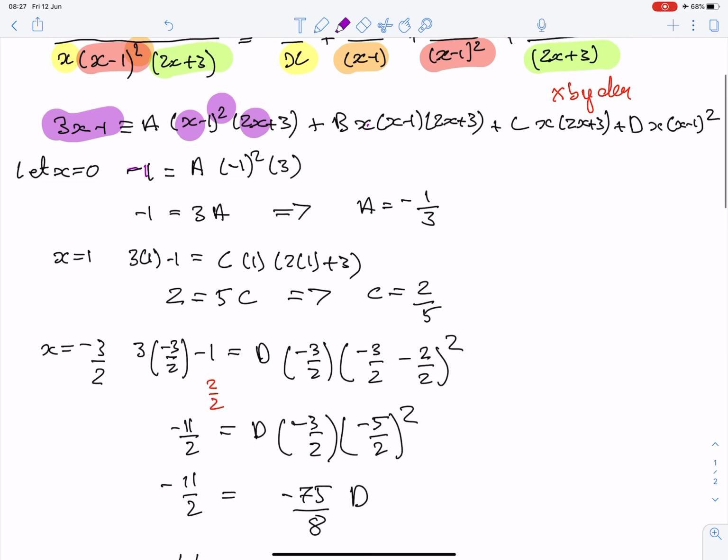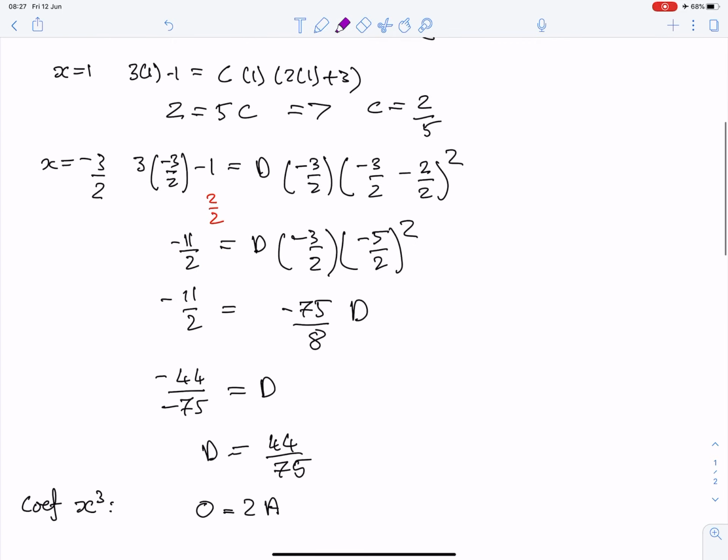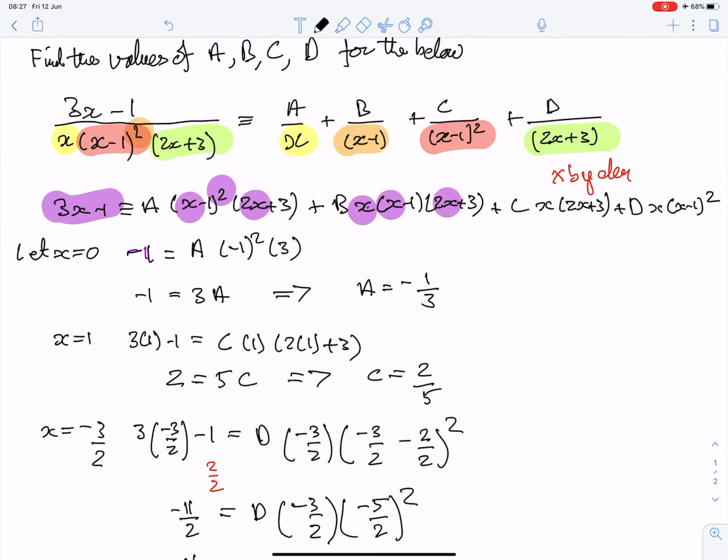Now we've got 2x times x times x, so again that's 2B x cubed, so we've got plus 2B. The C term, there are no x cubes.